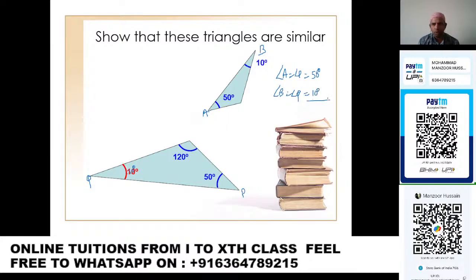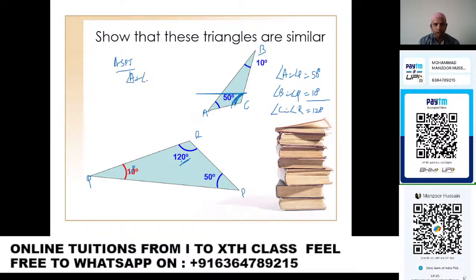When we have two angles, the third angle, C and R, we get as 120 degrees because only that angle is left out. That is the reason angle C is equal to angle R is equal to 120 degrees. And why are these similar? Because they also satisfy the angle sum property of a triangle.